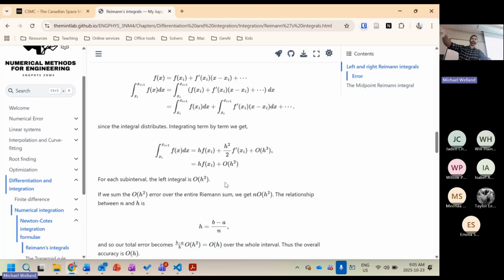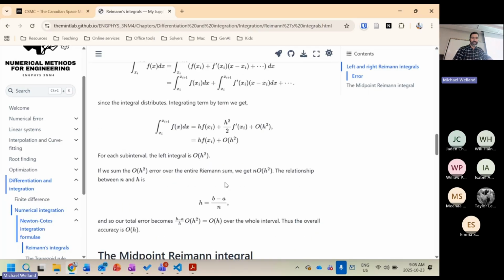So I'm just going to refer to the notes for the algebra. Okay, so on each subinterval, the left integral is order h squared. But if we have small intervals, but many of them, right? So say the limits of our global integral are from a to b, right? When we make the subdomain smaller, the answer is going to get better on that subdomain, but now we're going to have more of them.